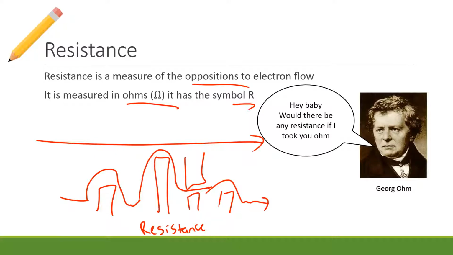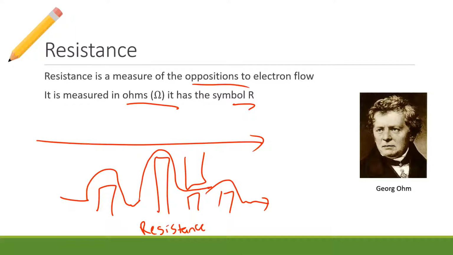But resistance in essence is one of the reasons why you can be in the same room as a PowerPoint and not get electrocuted, because even though there is electricity in that PowerPoint, the reason you don't get electrocuted is because the air is really good at resisting electricity.